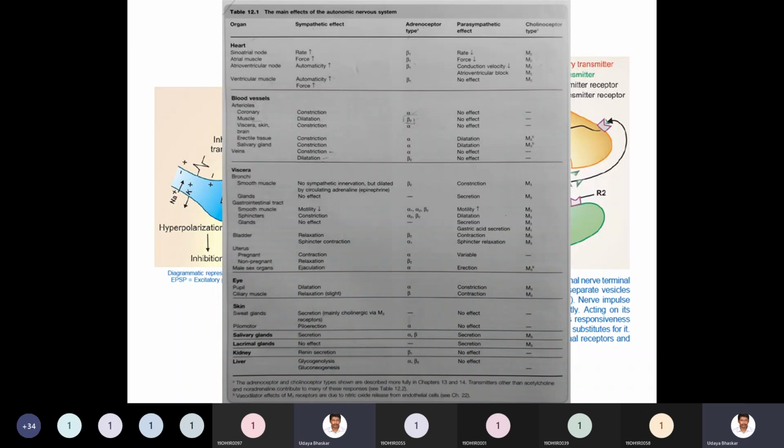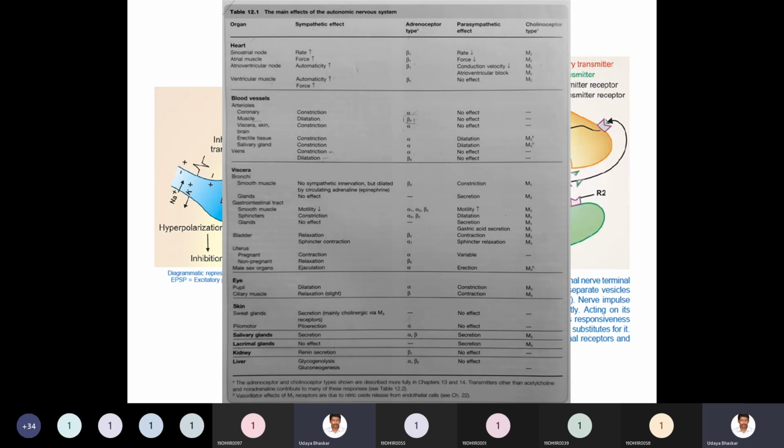So when the M2 receptor is activated by acetylcholine, that will reduce the heart rate and the force of contraction of atrial muscle, conduction velocity will be reduced, and atrioventricular block will occur. So the signal will be blocked at the AV node, and there is no action on ventricular muscle because M2 is not present in the ventricle.